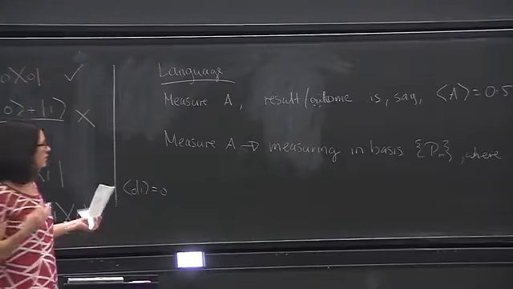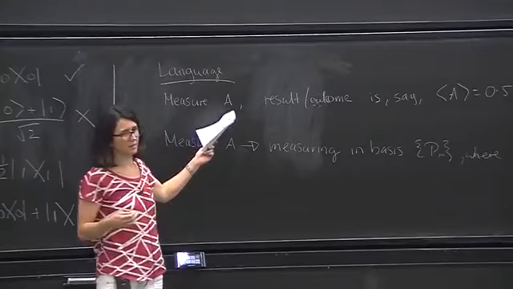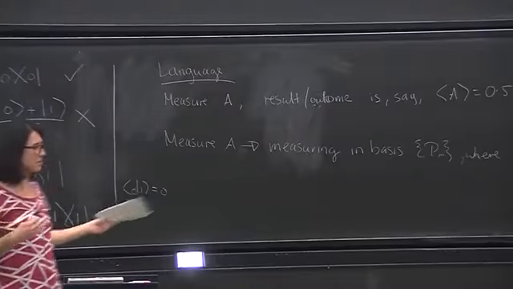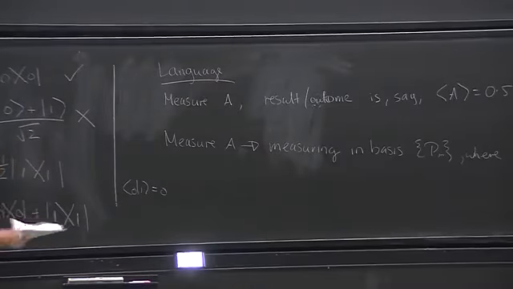What they really mean is not measuring the expectation value of sigma z, but measuring in a basis corresponding to the projectors 0 and 1.